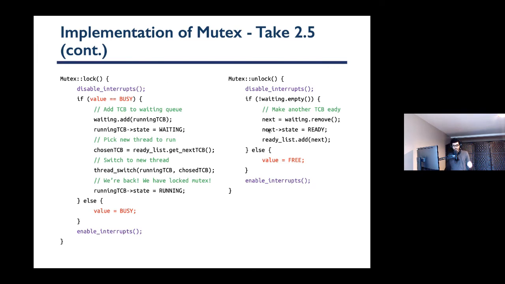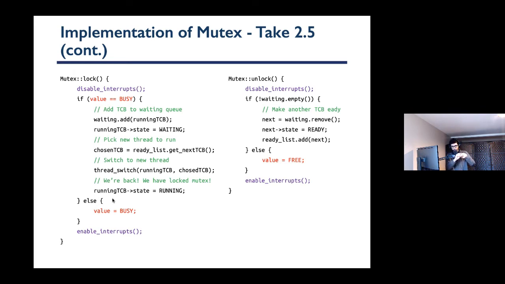Yes, so an overview again of this implementation. We're using interrupts, disabling and enabling interrupts, only to change the state of the mutex. What is the state of the mutex? Basically the value and the queue. I don't actually want to go to the previous slide, but it had two elements, value and the queue.